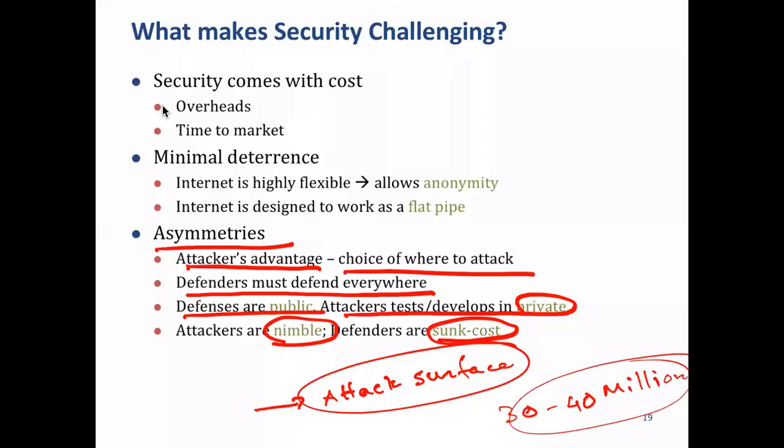Attackers can try to find out where to attack, and usually they attack at the weakest point. But defenders cannot. Every time a new release is developed every few months, all 40 million lines of code cannot be tested. So the cost of defending here becomes too much, whereas the cost of attacking is much simpler.